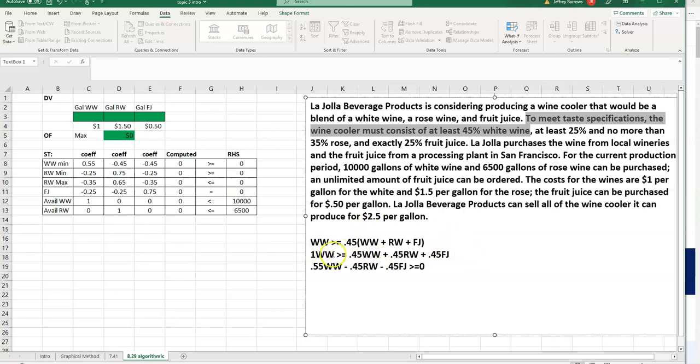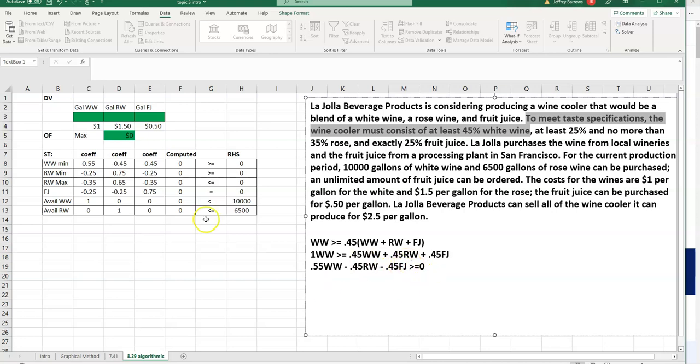Then if I want to move all of these variables to the left-hand side, I'm effectively subtracting everything on the right. So 1 minus 0.45 is 0.55. There's no rose or fruit juice on the left-hand side, so these become minus 0.45 times each of the variables, and that is greater than or equal to 0.